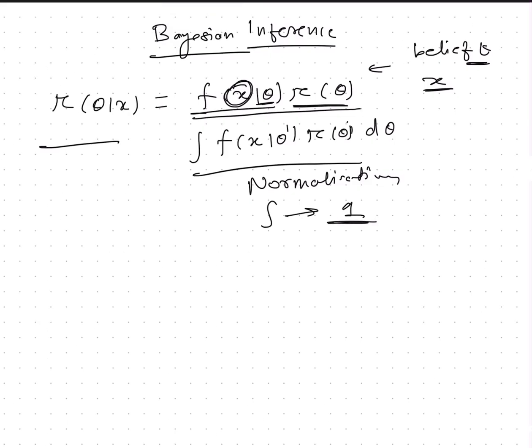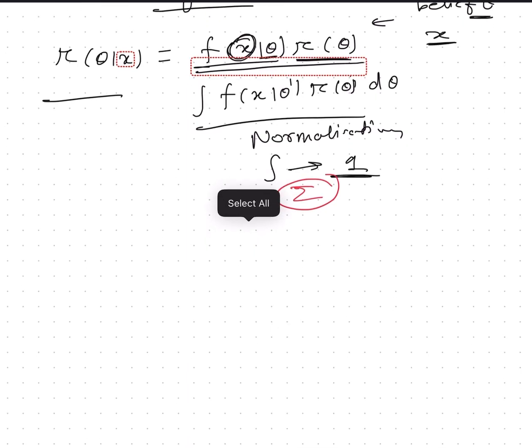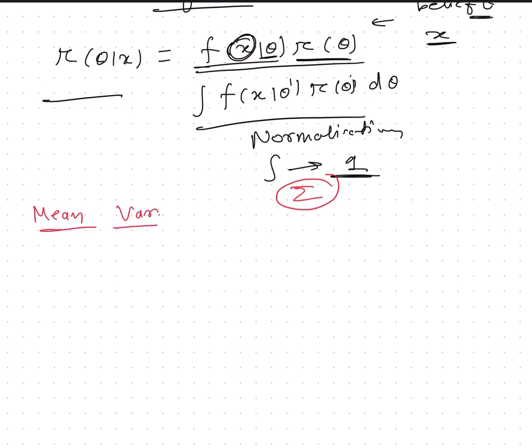When we consider a discrete case, we use the summation symbol. Now let's have an example of how to find the mean and variance of the unknown parameter.